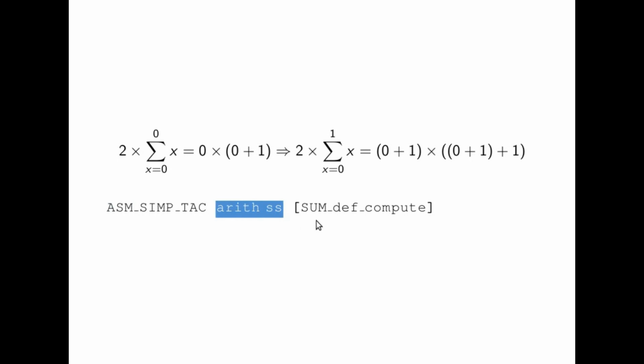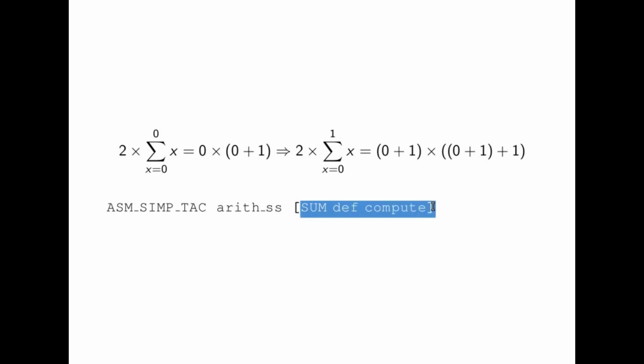And third, SumDevCompute tells you how to compute a sum bounded by 1 using the value bounded by 0. So you can compute this sum using this one. This was for the base case of the second induction.